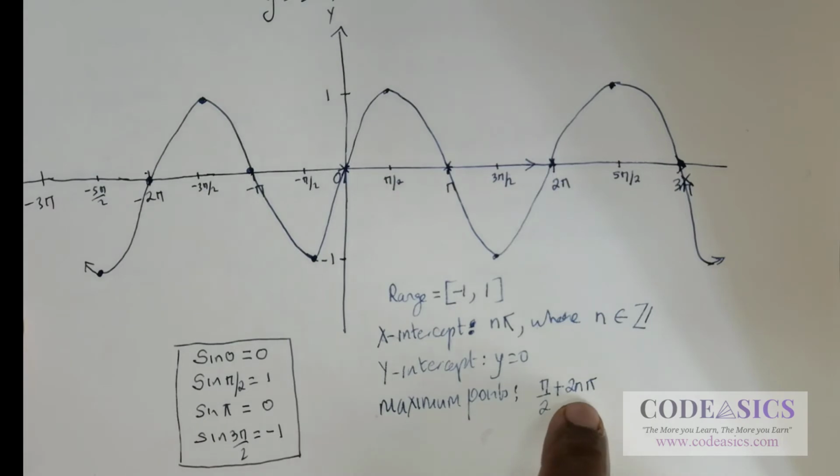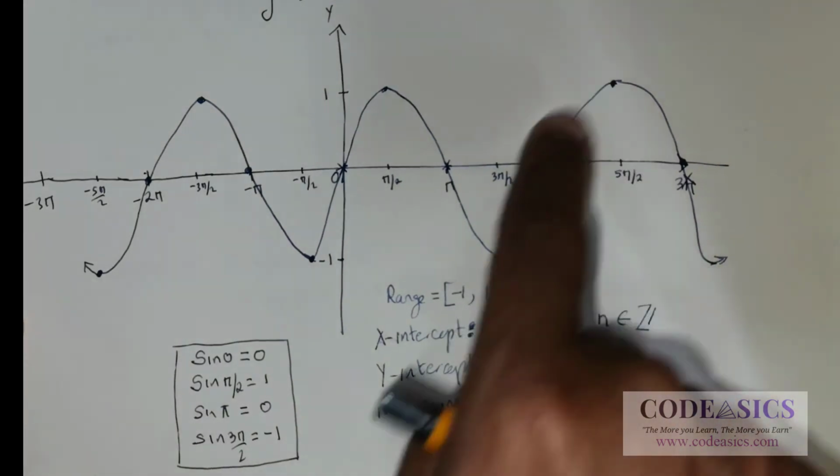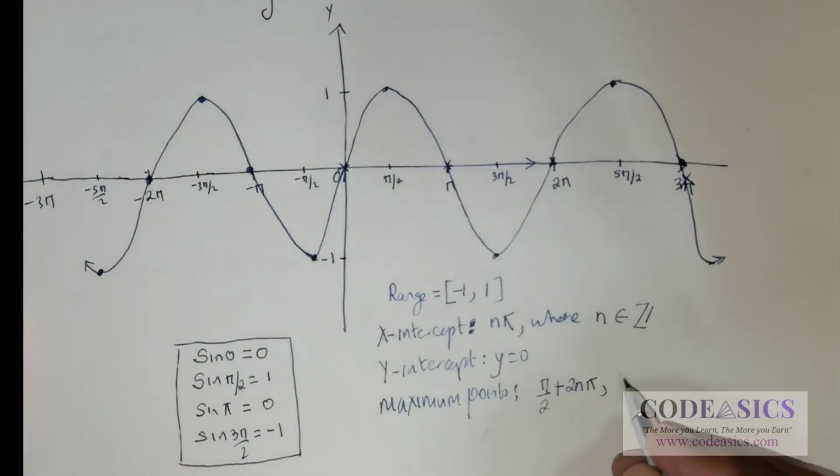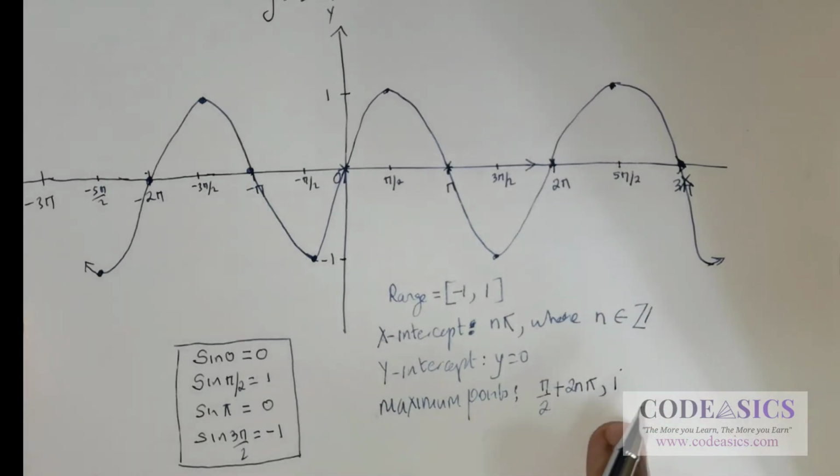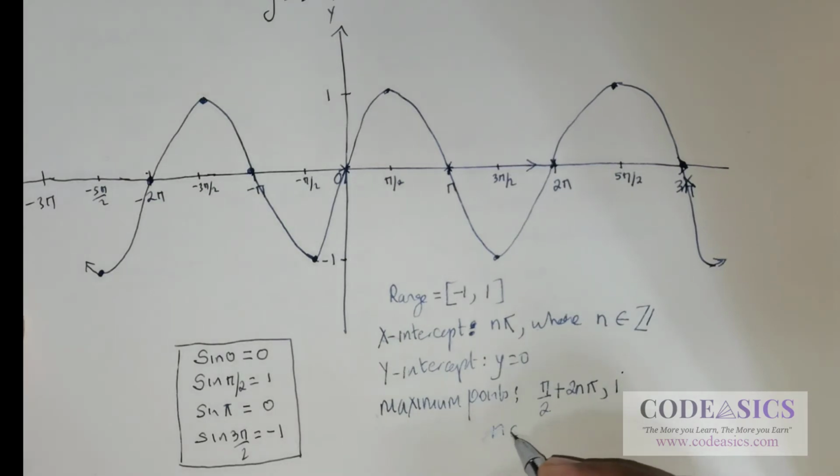So when n is equal to 0, I have a maximum point. When n is equal to 1, it is a maximum point here. The maximum value is going to be 1. So that is where the maximum is taking place. We can say that n is an element of the integers.